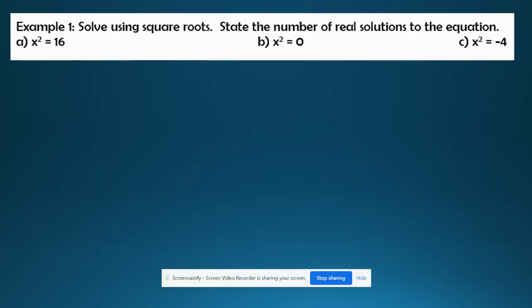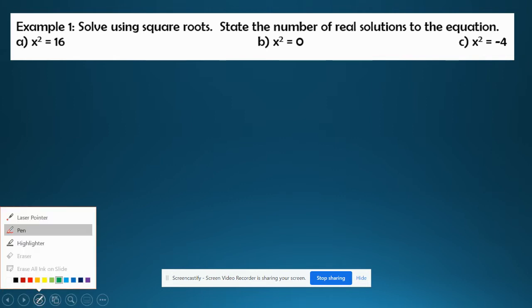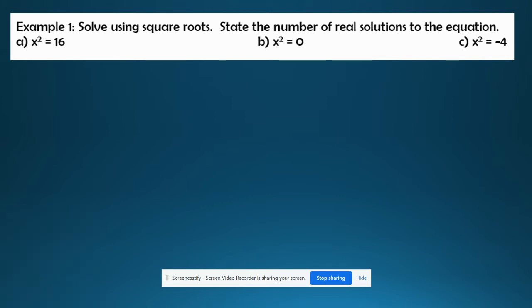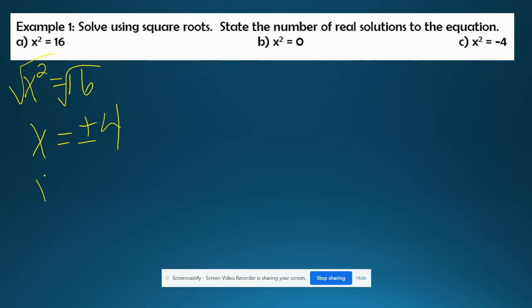So let's take a look at this. We have x squared is equal to 16. We don't have to do anything more in terms of order of operations backwards because we're already just to the square. The opposite of a square is a square root. And like we said, we have positive and negative 4 as an answer, which you can write like this, a plus or minus 4, or you can write like this, 4 comma negative 4, whichever works best.